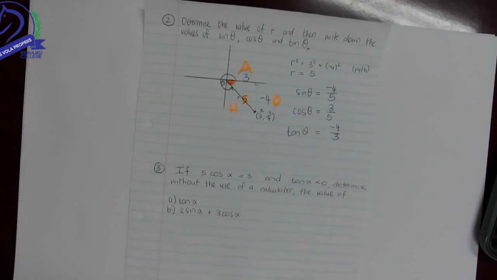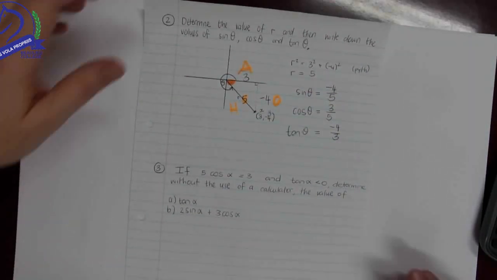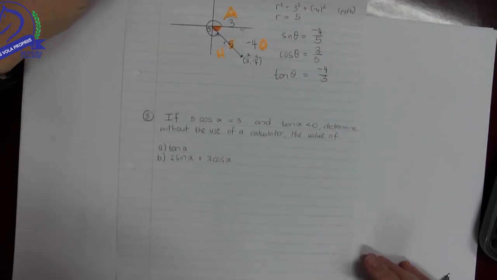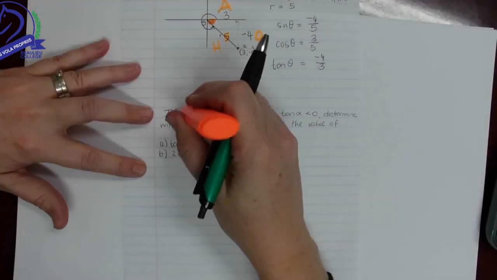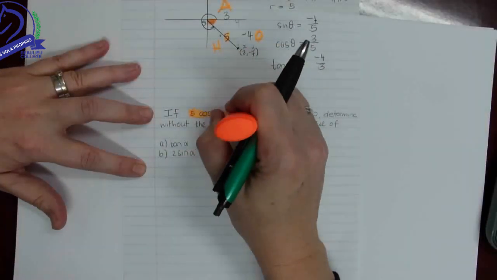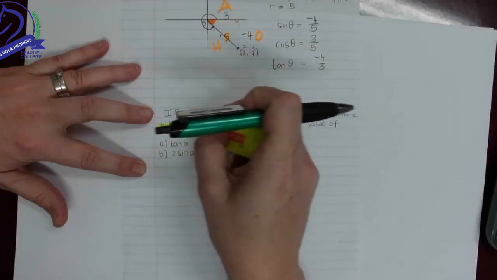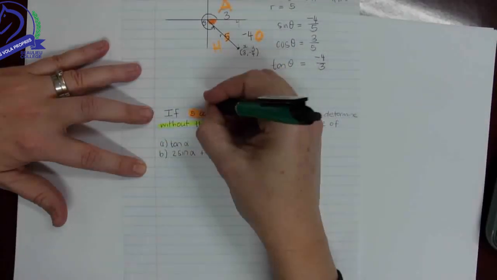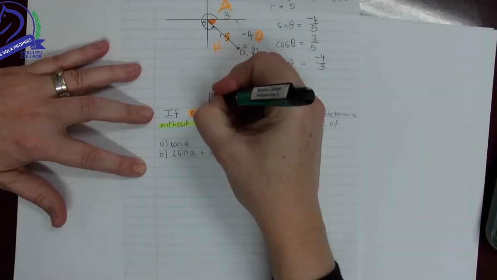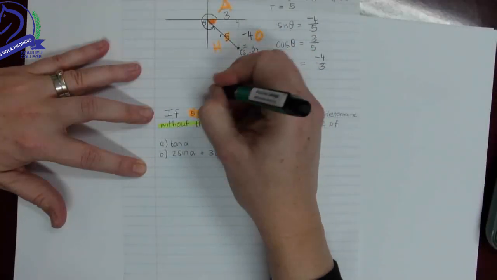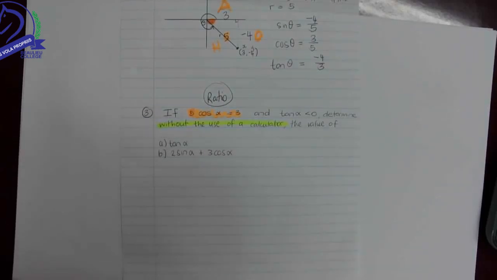Okay, then we come to the questions you hate. Right, so let's have a look at that. So if 5 cos theta equals 3, now at this stage you should have realized, and if that wasn't a hint enough, the instruction of work out using a calculator should have given you that this is a ratio question.